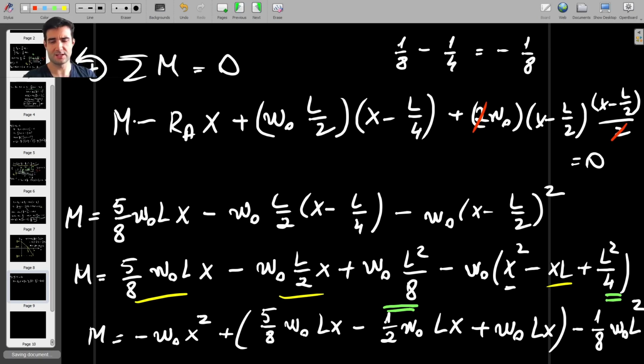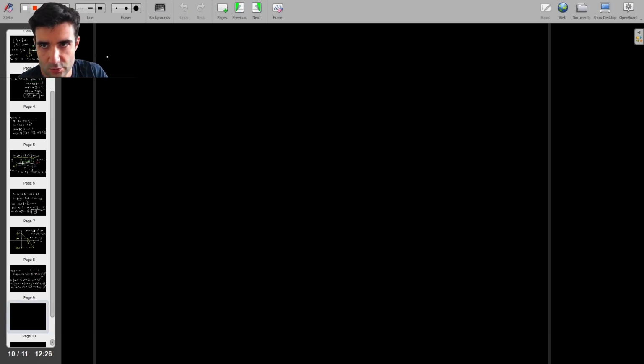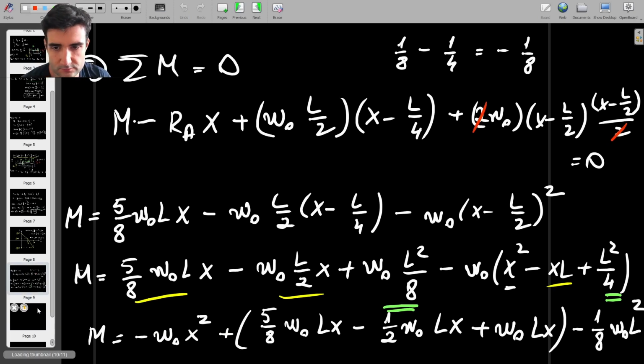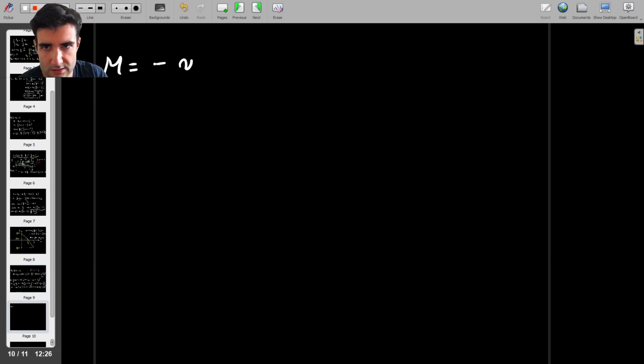Now this looks pretty long, but we're going to simplify that middle term and get something a bit nicer at the end. So we have that the bending moment will be equal to minus W naught X squared.